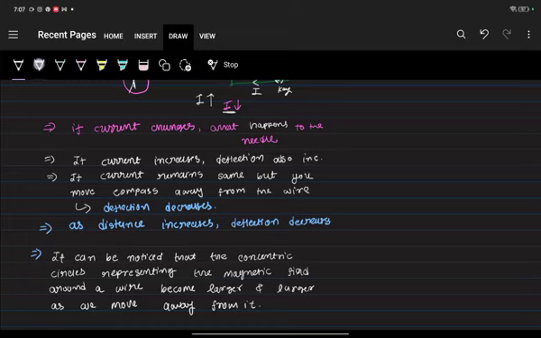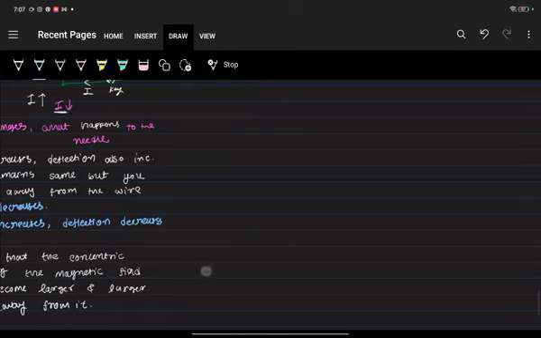Also, not to forget, if this is our current carrying wire, suppose the initial direction of electric current was in the upward direction.